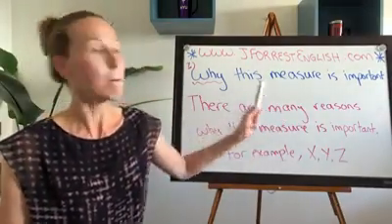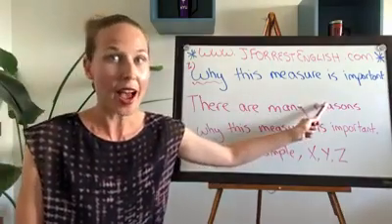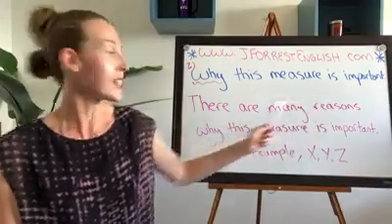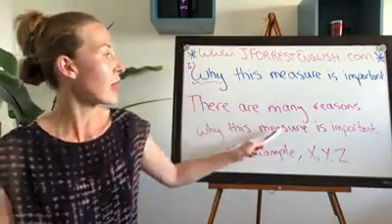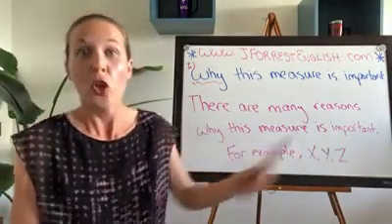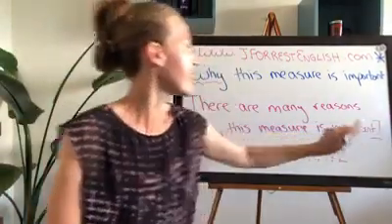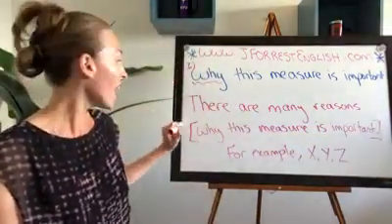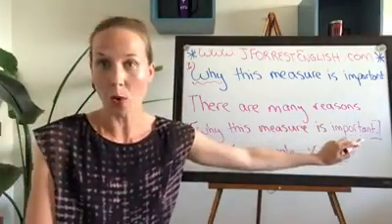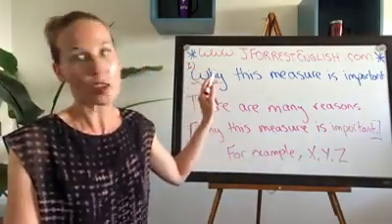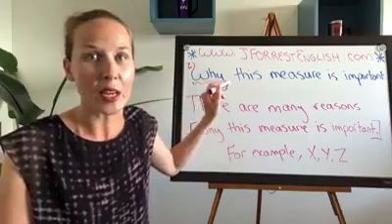There are many reasons, so I added that. There are many reasons why this measure is important. So notice, this is number one, why this measure is important. But remember, it's not a question, it's a statement.